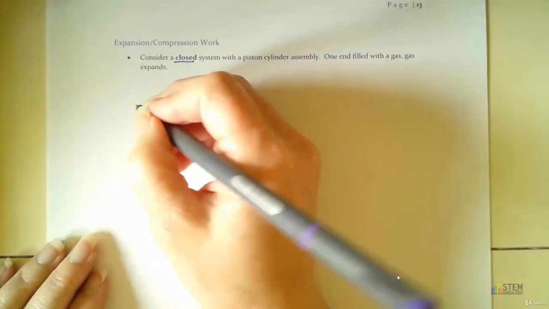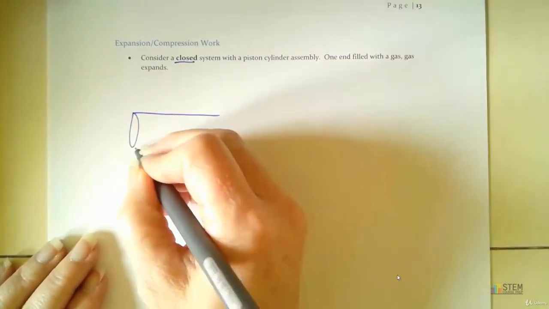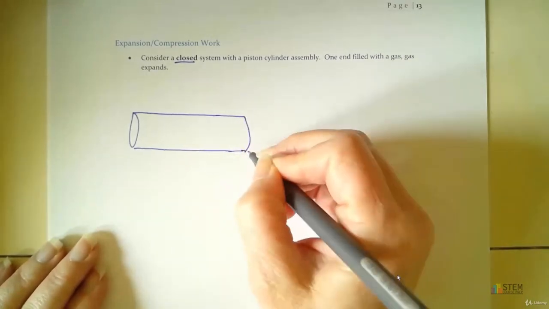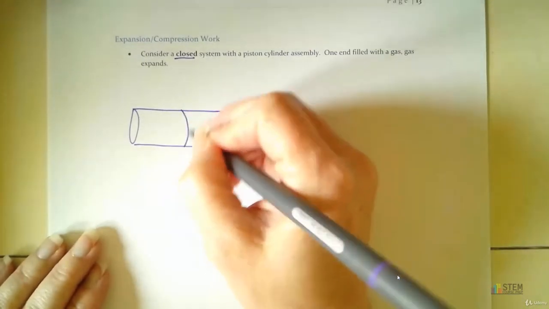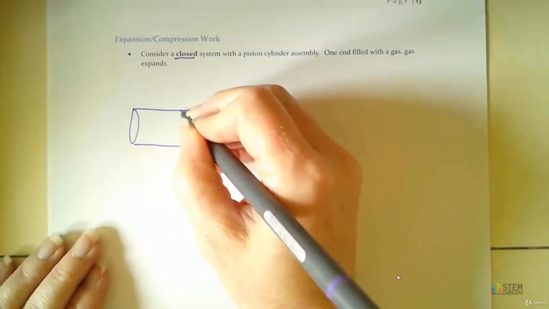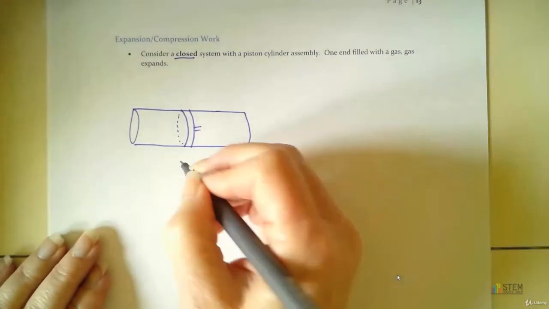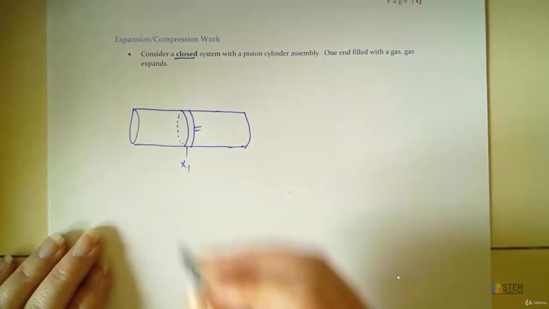So let's draw a picture here. There's my cylinder, and I'm going to have a piston in here like that, and this is where it's going to start out. So let's just call this X1. So that's my initial position.